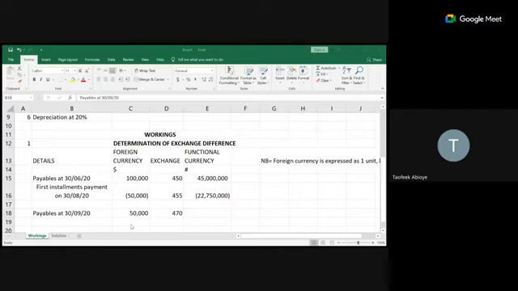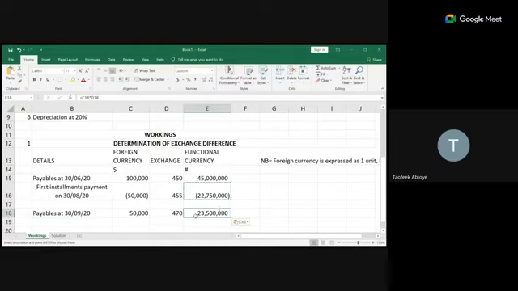That is why we are using 470. So if I press my calculator and copy this formula here, my payable will be 23,500.